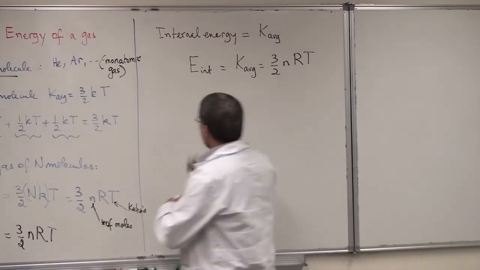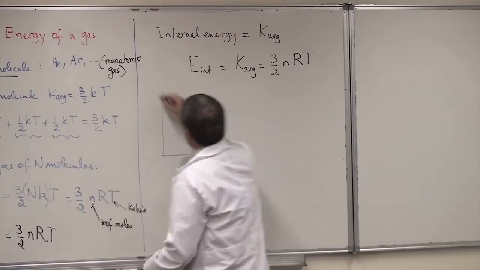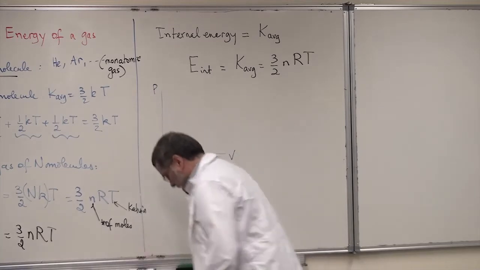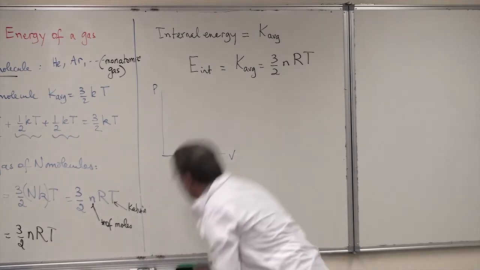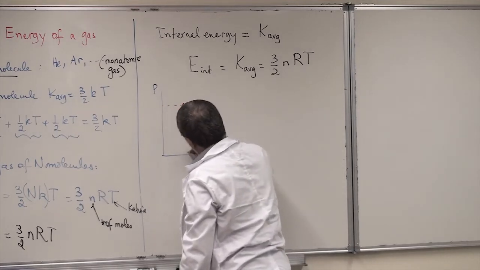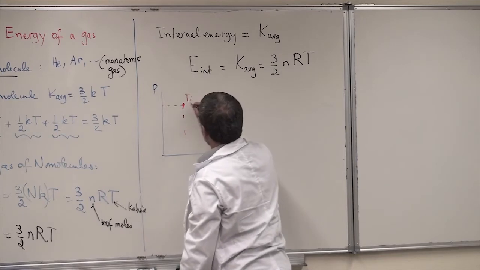Let me go to a PV diagram and show you. This is a PV diagram. If you take a state here, a gas in a state I, it has a pressure, a volume, and a temperature. Let's say this is T initial.